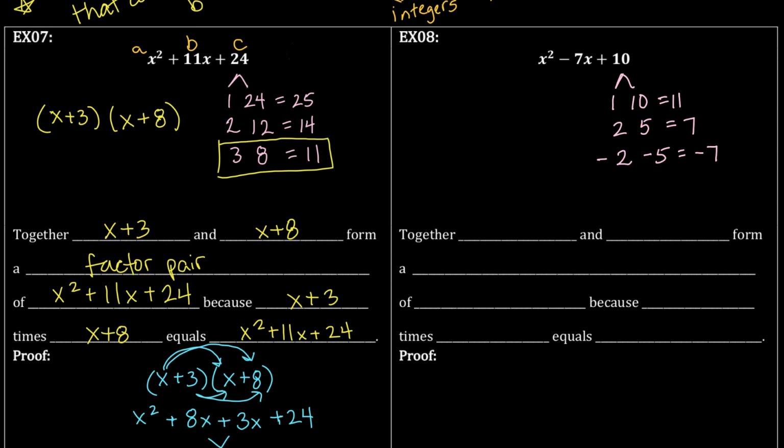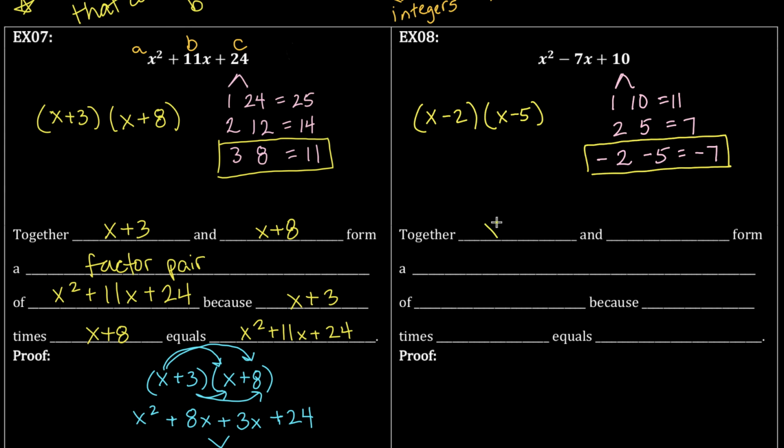So that's the one right there. I'm going to write, instead of x plus 2, x minus 2, and instead of x plus 5, I'll put x minus 5.